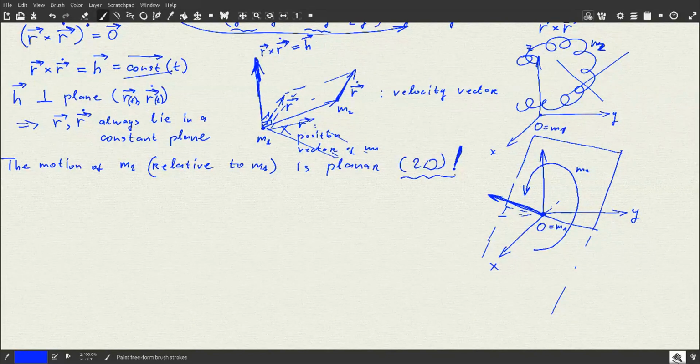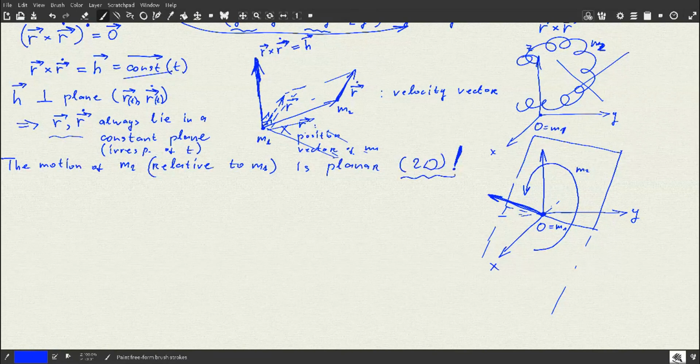So it is the same. And that's what I mean by constant plane. So the radius vector and the velocity vector of our body M2 always lie in the same plane irrespective of time.